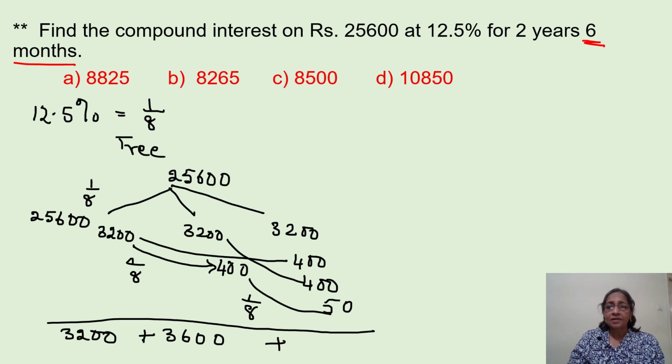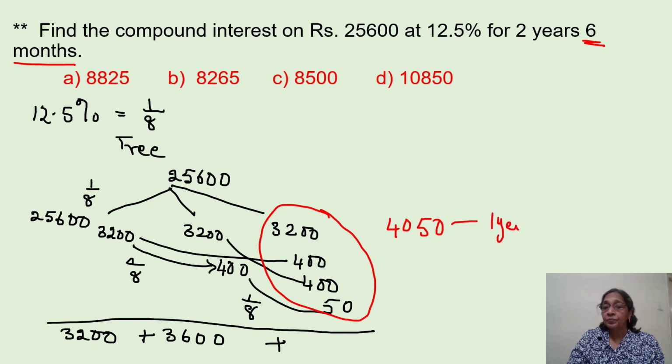but in the third, now the total that I have got here is 4,050. This is for 1 year.